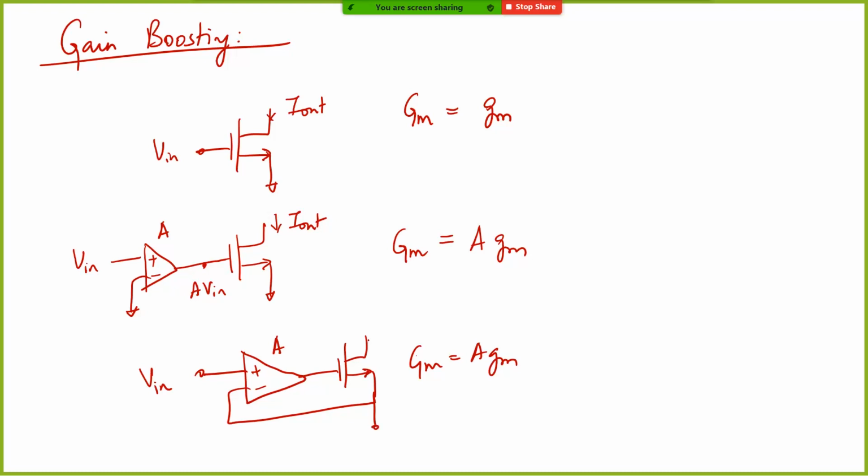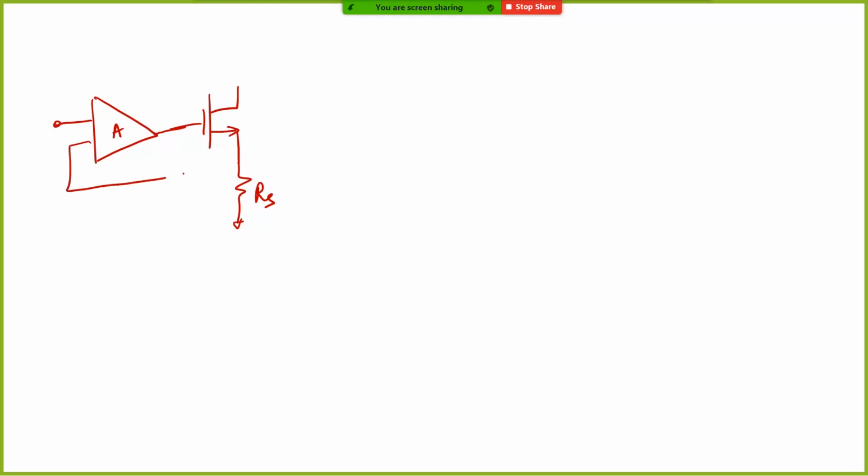Now suppose you have something else below this transistor, okay? And if we use this same technique, because that is what happens, right? Let's say there is some source resistance here, and you are going to put an amplifier of gain A and give this feedback. Now what will be the effective gain here?